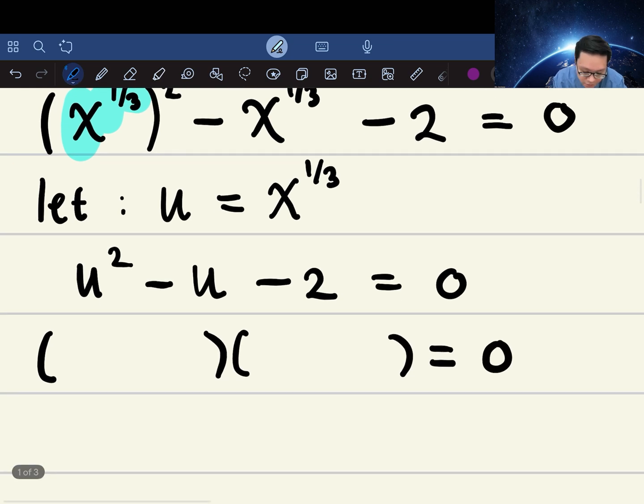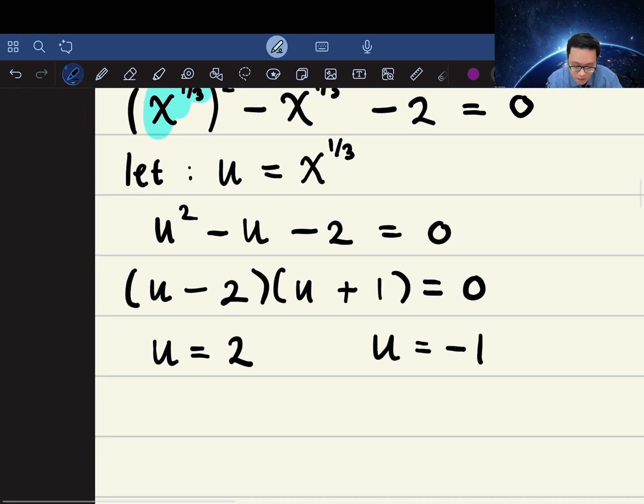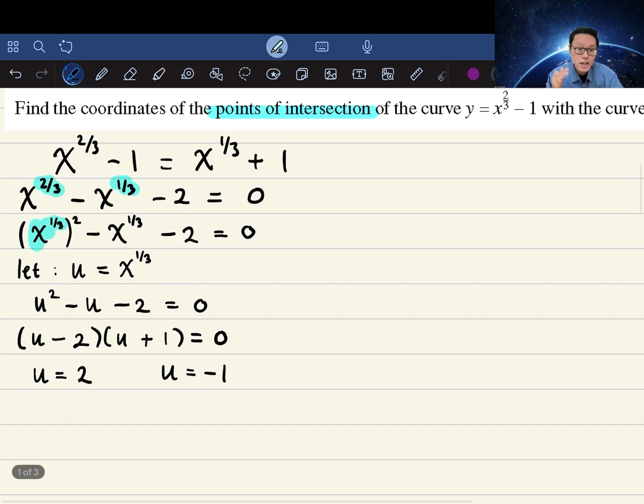So we have u and u over here, and we have 2 and 1, and we have minus 2 and plus 1. So we have u equals 2 or u equals minus 1. Now we can plug it back, because we want to find the coordinates, which are x and y.